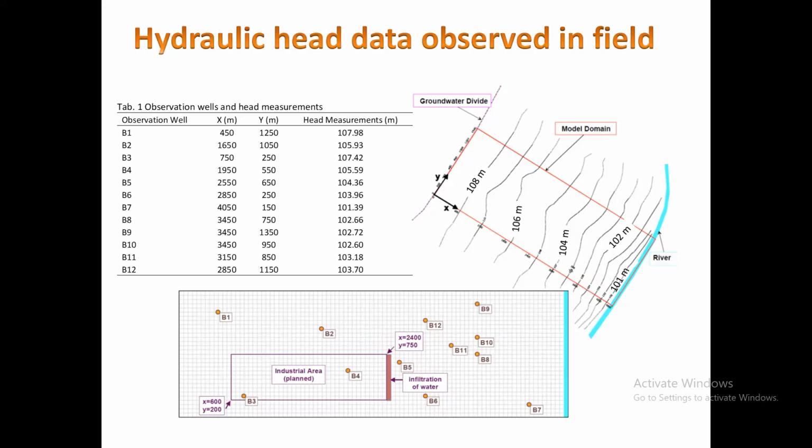The one that we will be using today is called ModelMuse, a graphical user interface for MODFLOW. So instead of entering all these things and these boundary conditions through programming, using Python or whatever, where for example you have a package called FloPy, you will just use a graphical user interface.